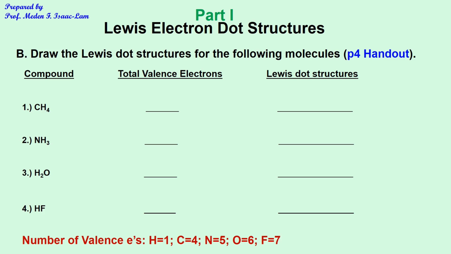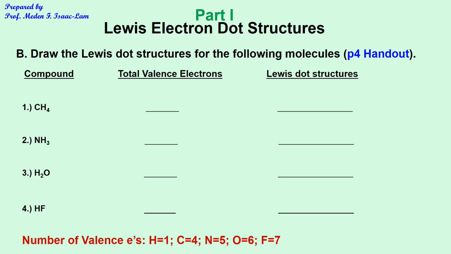In this page, part 1, Lewis electron dot structures, we are going to draw the structures for molecules instead of atoms. So please refer to page 4 of the handout. Examples in this page are CH4, NH3, H2O, and HF. Total valence electrons would be the sum of the valence electrons of all the atoms in the molecule.